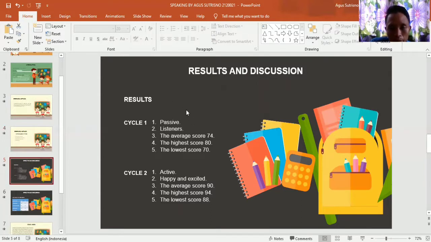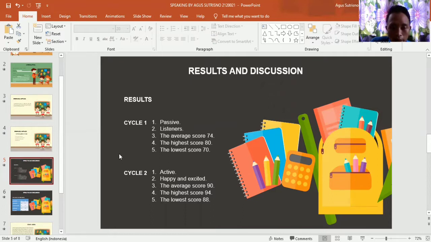Before I implement my technique in the classroom, the score is low. I can see it on the 0.3 until 0.5. The average score is 74, the highest score 80, the lowest score 70.